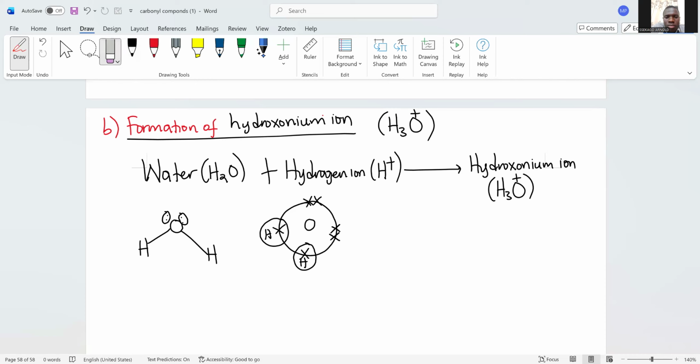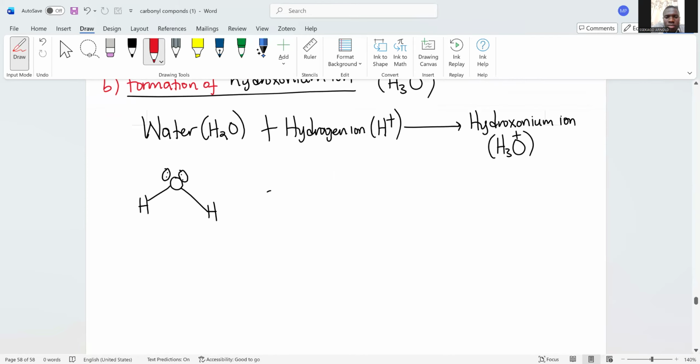Maybe for purposes of clarity, let me also put it here so that I give you a very strong intuition. Alternatively, from our electronic structures, oxygen has how many electrons in the outermost shell? There are 6. 1, 2, 3, 4, 5, 6, like that.